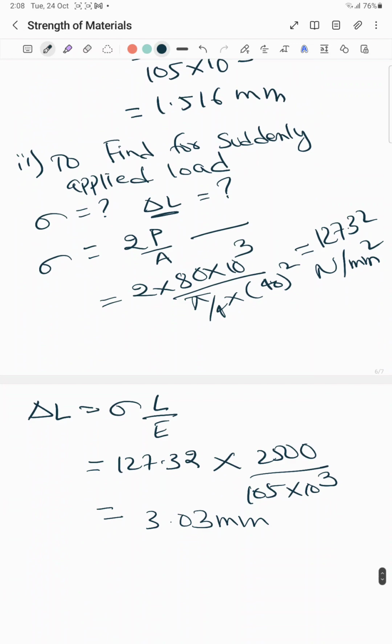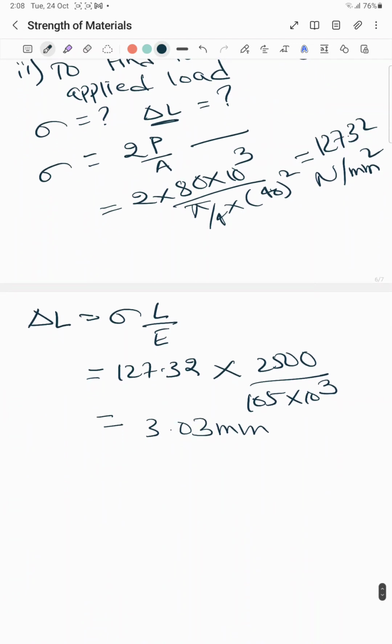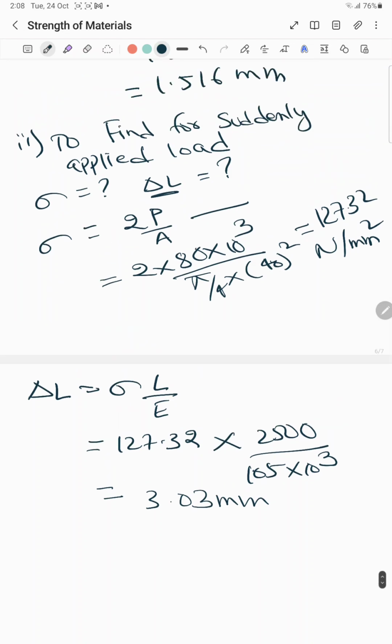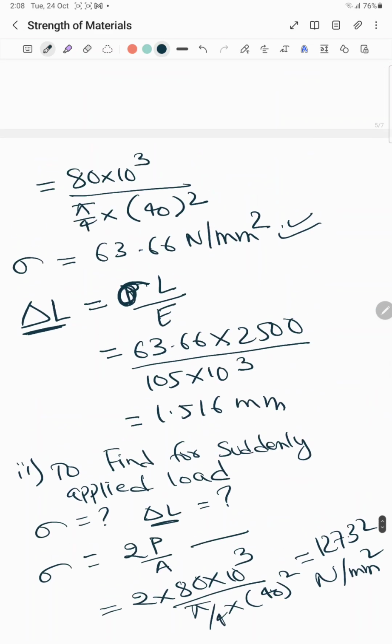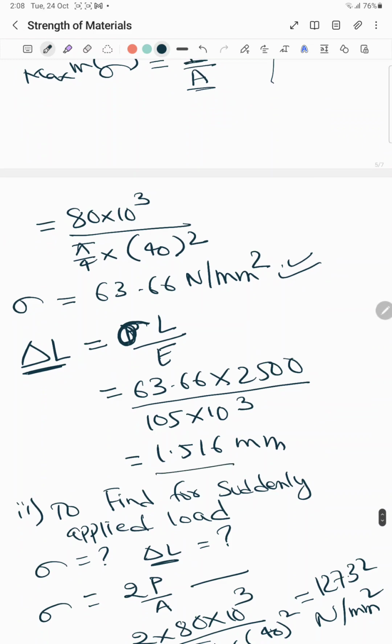So the stress in the suddenly applied load is double the stress in the gradually applied load. Therefore the deflection will also be double in case of the suddenly applied load compared to the gradually applied load. The elongation in case of the suddenly applied load is 3.03, whereas in case of the gradually applied load it is 1.516. Thank you.